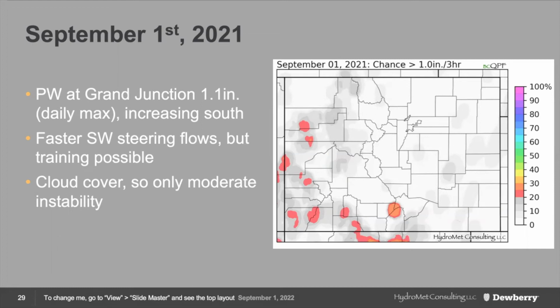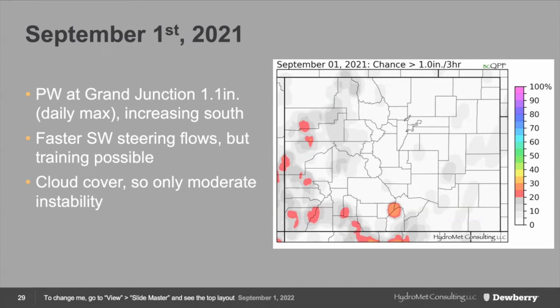So our guidance that morning showed a pretty large swath of moderate to heavy rainfall potential, but in this case, it wasn't so much the 1 hour rainfall intensity threat that was driving our concern. It was more of the 3 hour duration, because there were faster steering flows, which means that a given storm core would not dump rainfall at a particular location.